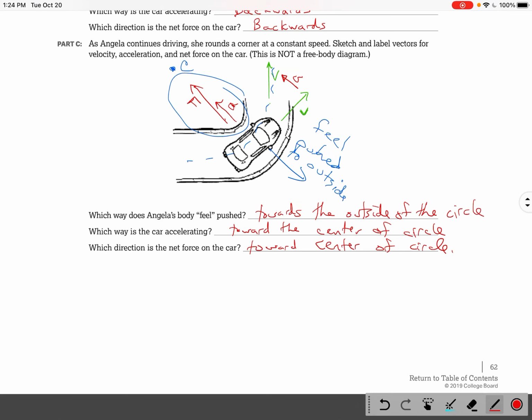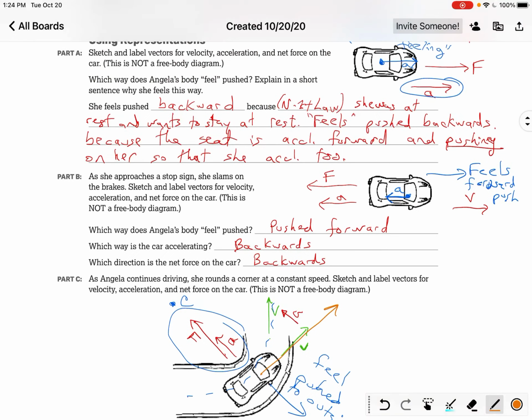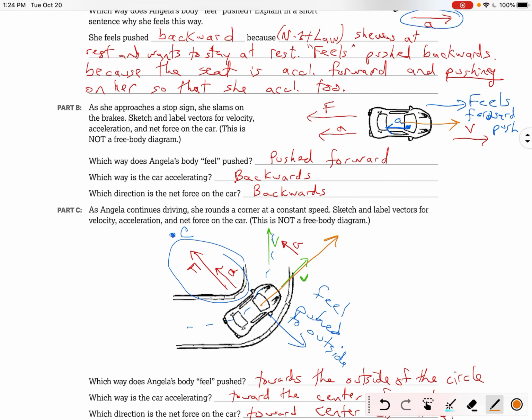So in all three cases, our body wants to continue in the direction that it is moving. That's Newton's first law. Or it wants to stay at rest in the first case. But our body needs to accelerate along with the car.